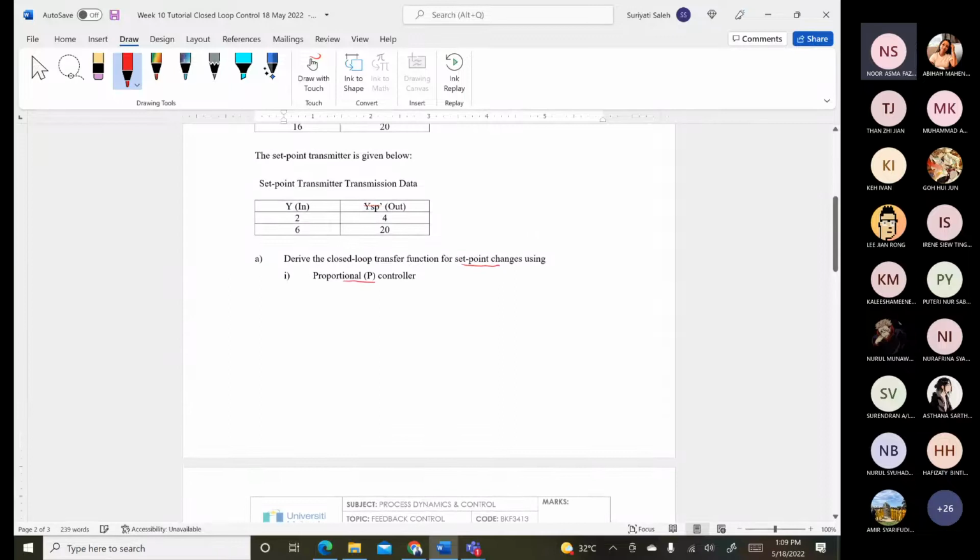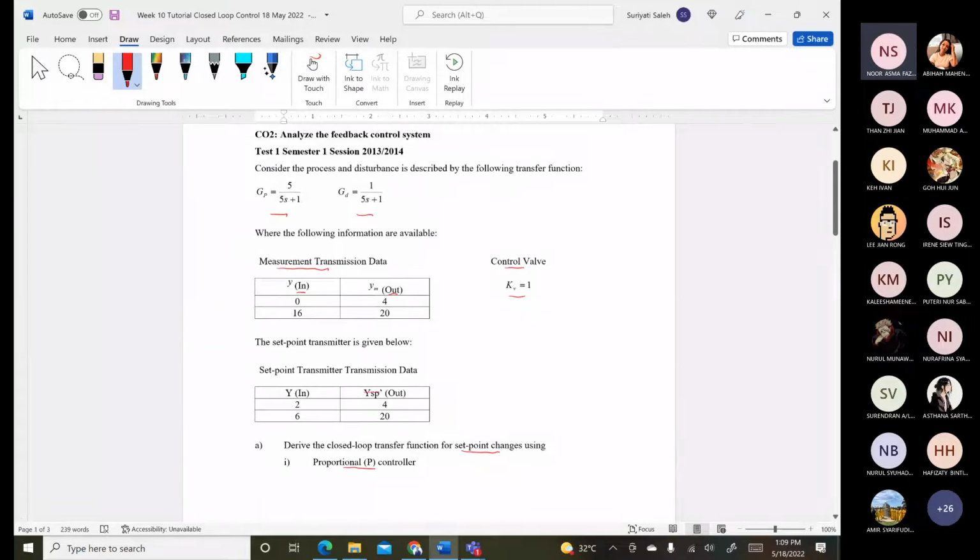So we take a look at how we can solve this kind of problem. Now here it does not state whether the standard block diagram or the alternative block diagram will be used. Since you have the control valve, you have the measurement, where the measurement transmission data corresponds to the GM.